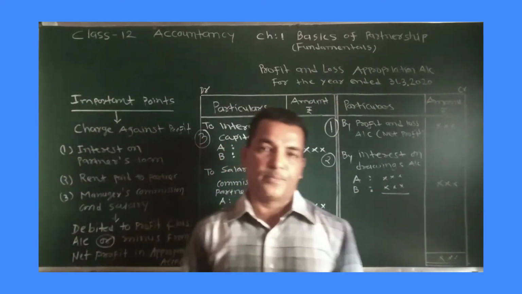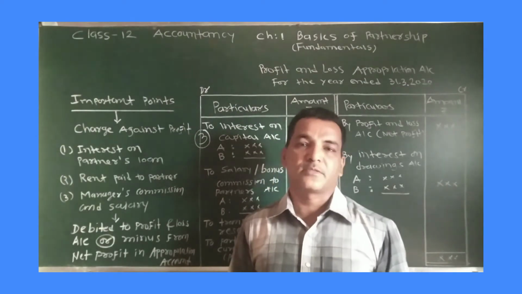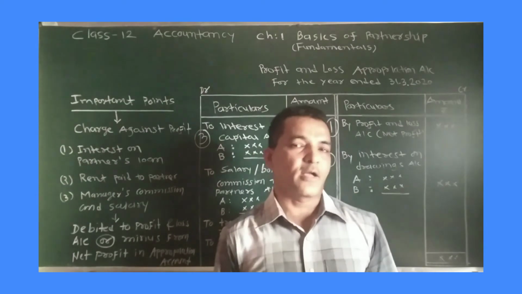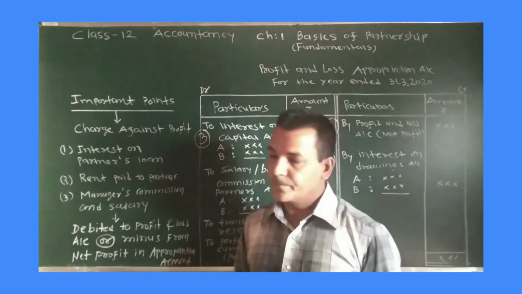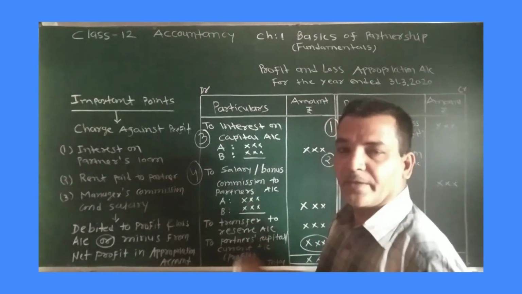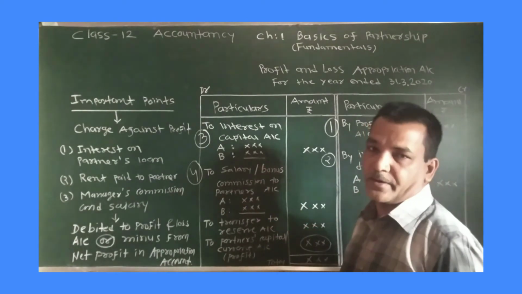So entries are very simple. If you know this format, easily you can pass journal entries. First entry you will pass with the capital or current account, and the second entry you will pass with the appropriation account. Similarly, here I have combined so many things: salary to partner, bonus to partner, commission to partner.